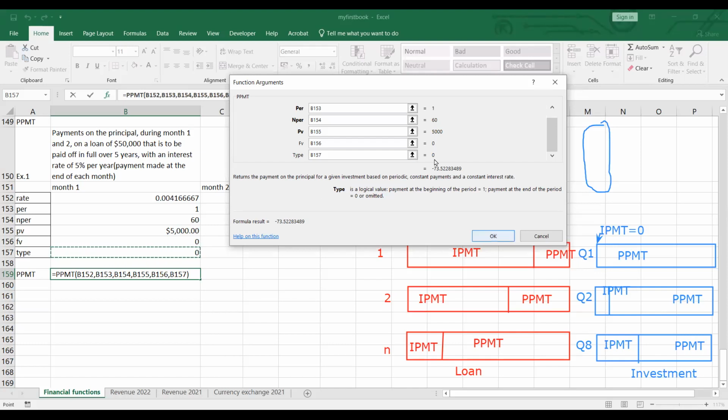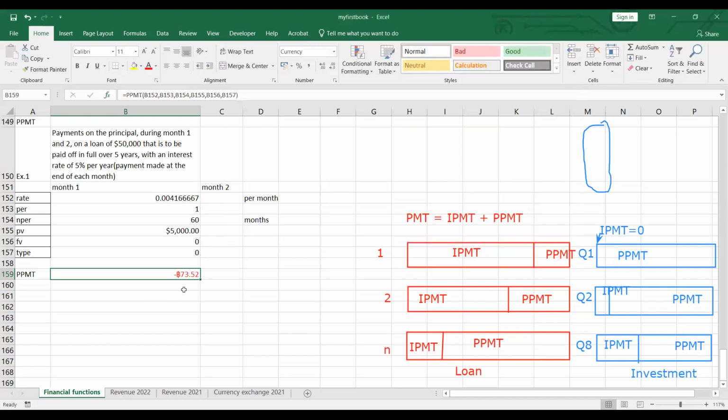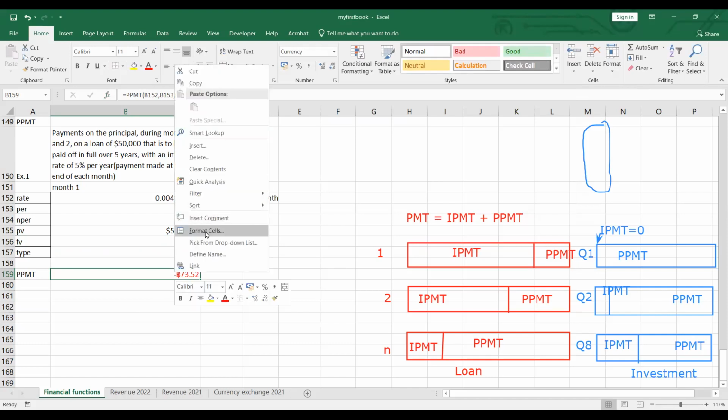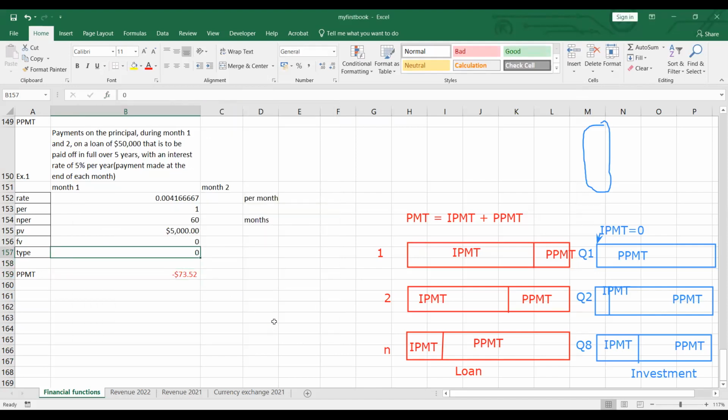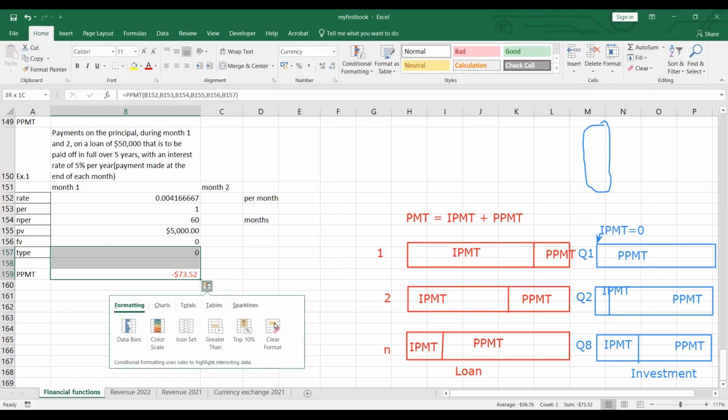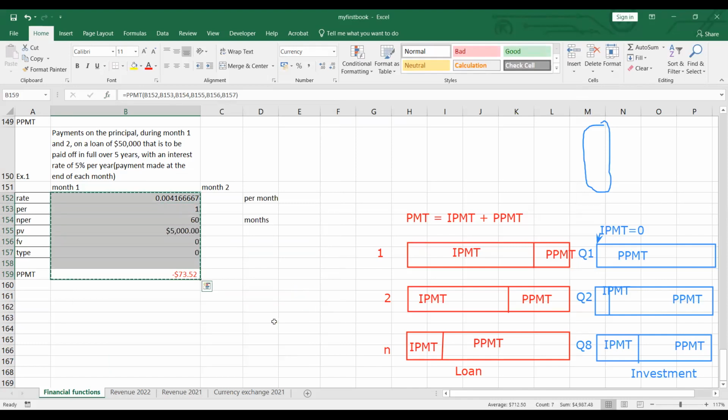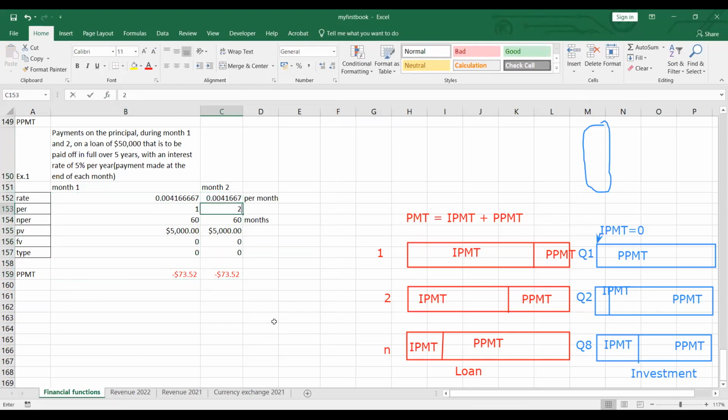So that means on month 1 the principal payment is 73.52. Now let me do the same thing with month 2. So on month 2 the PPMT is 73.83.